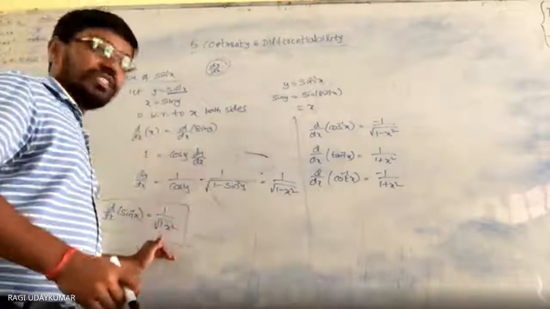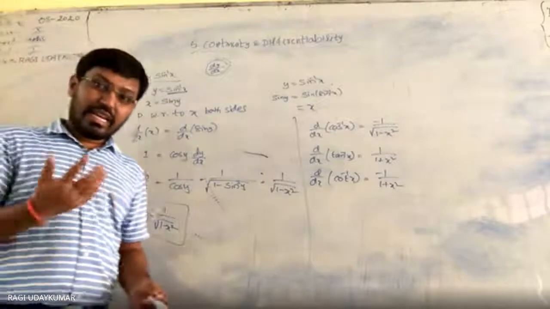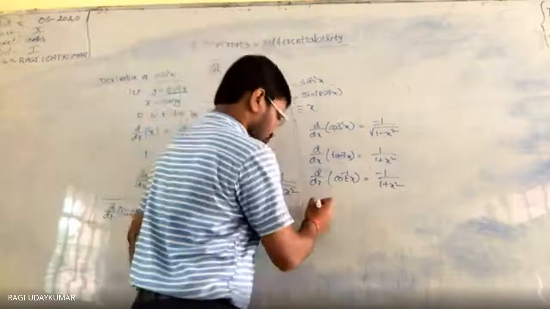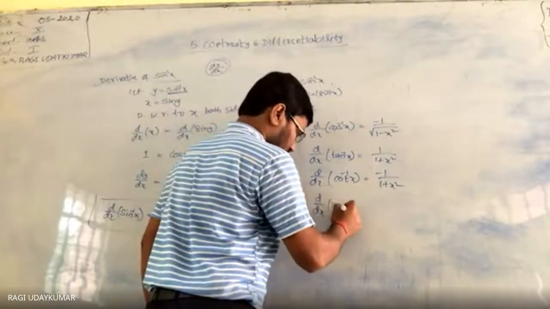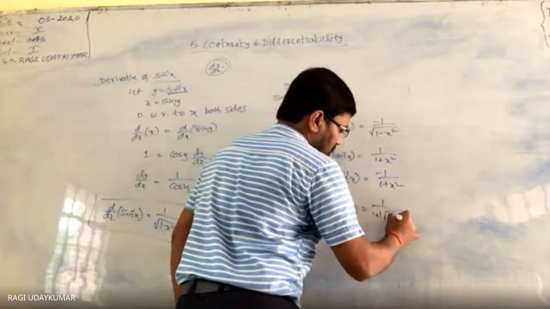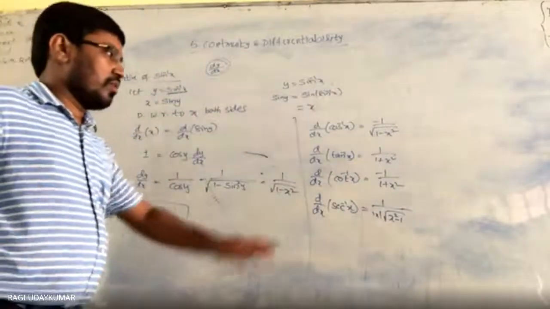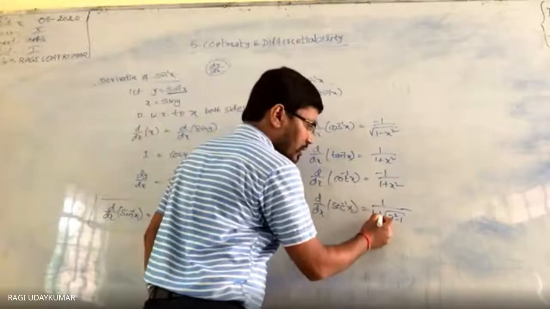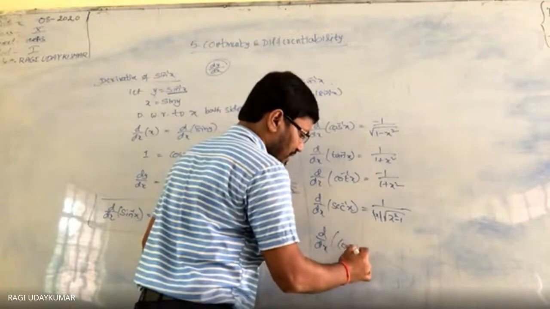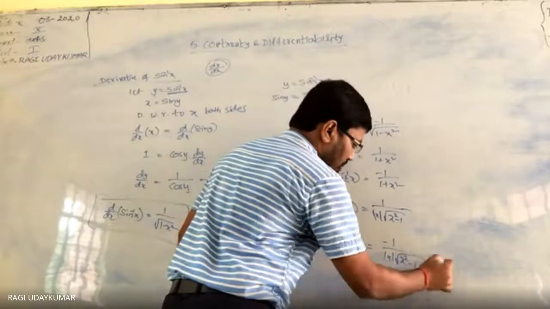Sin inverse x differentiation is 1 by under root of 1 minus x square. Here onwards you are going to learn the derivatives of different functions. d by dx of secant inverse x is equal to 1 by mod x into under root of x square minus 1, and d by dx of cosec inverse x is equal to minus 1 by mod x into under root of x square minus 1.